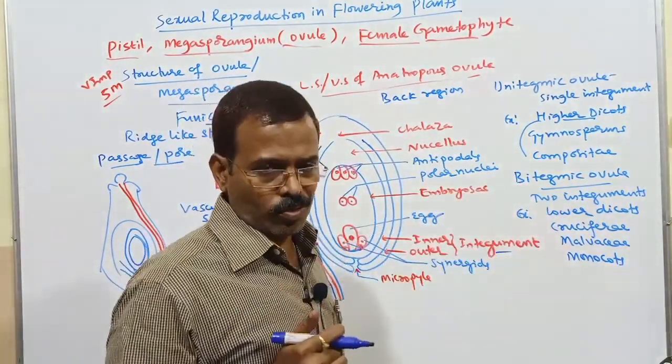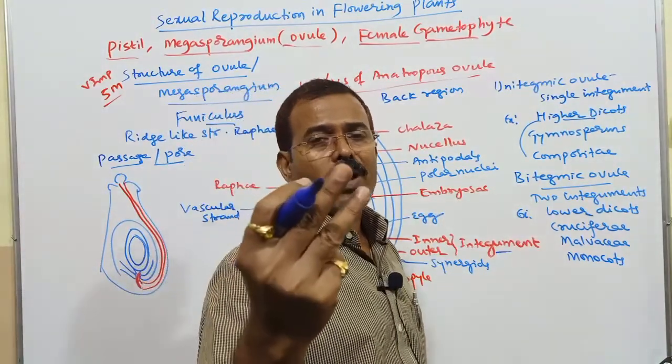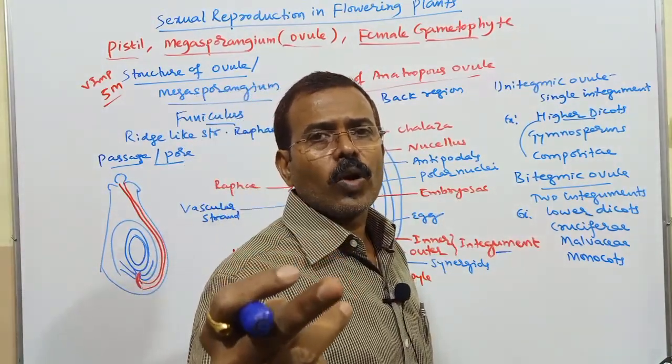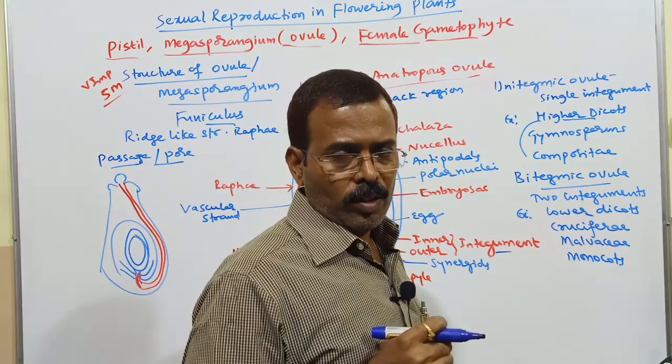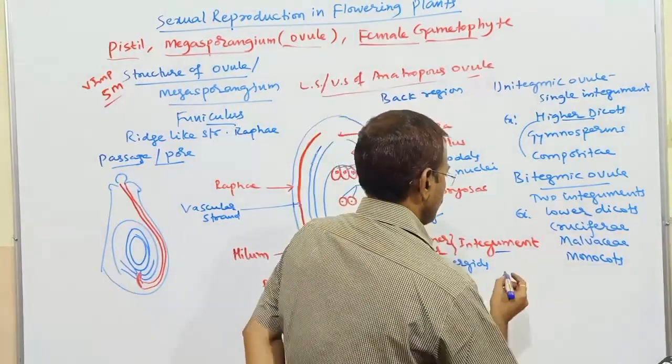In rare cases, there will be three integuments covering the ovule, and it is called a tritegmic ovule.